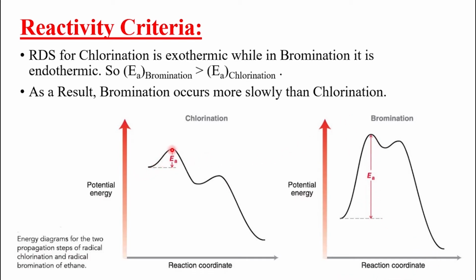So to reach that transition state, it requires less energy and less time. While to reach this transition state, it requires a large amount of energy and a lot of time. So here rate is high and here rate is small. So bromination occurs more slowly than chlorination.